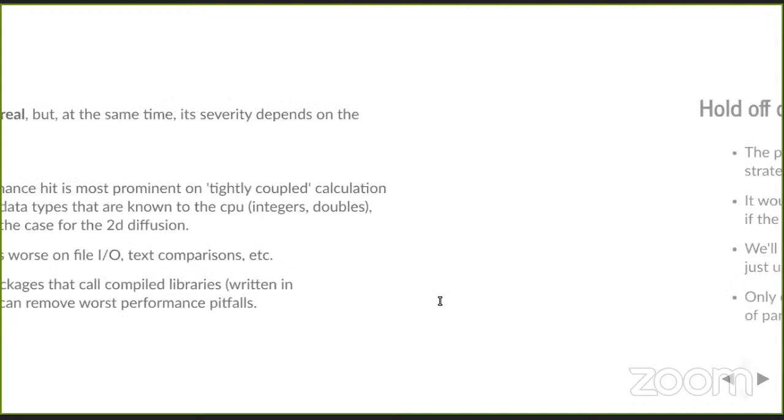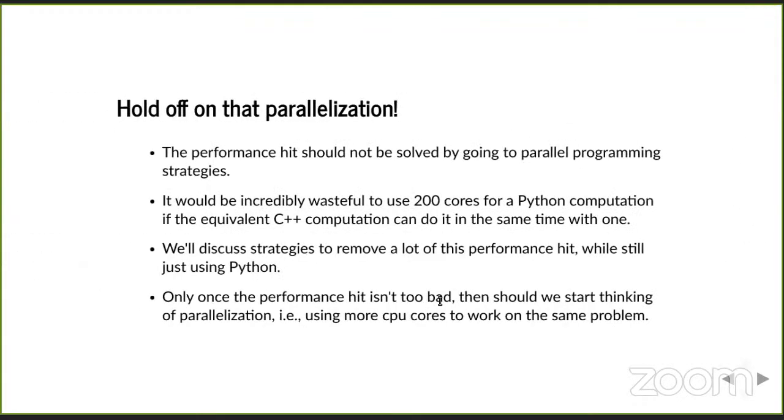What it does mean, though, is that even if it's not always as bad as it is here, just because it's bad is a bad reason to go parallel. So don't solve a performance hit of a factor of 200 by asking for 200 times more cores. That is incredibly wasteful. Your HPC center is not going to like you for wasting time on a Python computation that could be done in C++ in like a second, right?